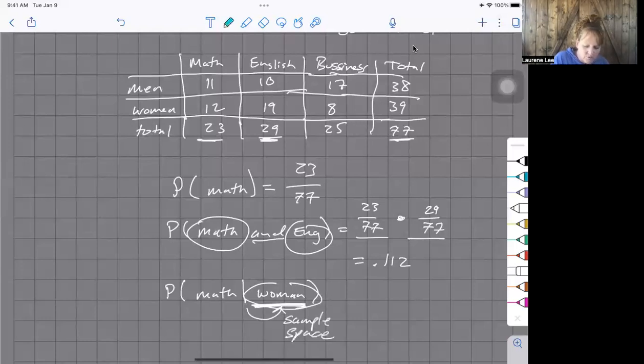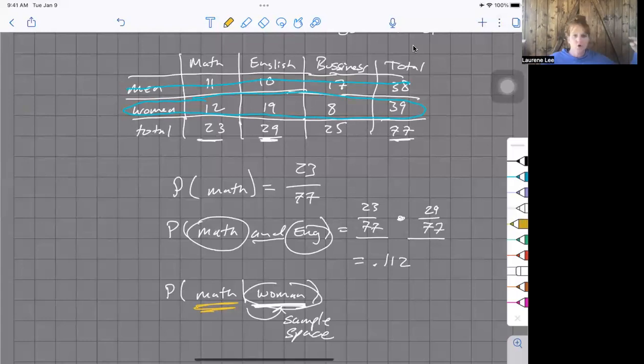So my sample space is just women. Look at what I'm doing in my chart. I'm narrowing the scope and saying, hey, we're not looking at the men. We're only looking at the women. Now, who do I want from the women section? I want somebody who's in math.